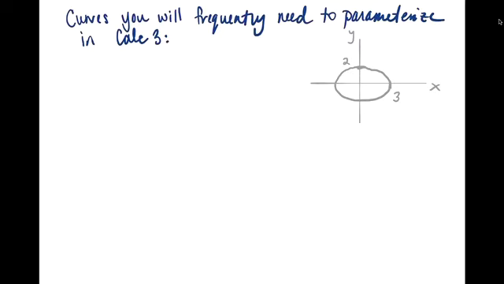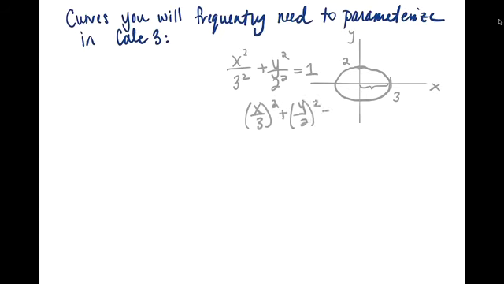We're going to be reviewing this later at the end of this chapter, but if you recall, most of you probably covered conics in high school, and the way that you come up with the standard equation for an ellipse is you take this coefficient here, which has to do with the distance from the center along the x-axis, and you square that. Again, we're going to show you where this is coming from later. This is the standard form of this ellipse. So really I'm going to write this: x over 3 squared plus y over 2 squared is equal to 1.